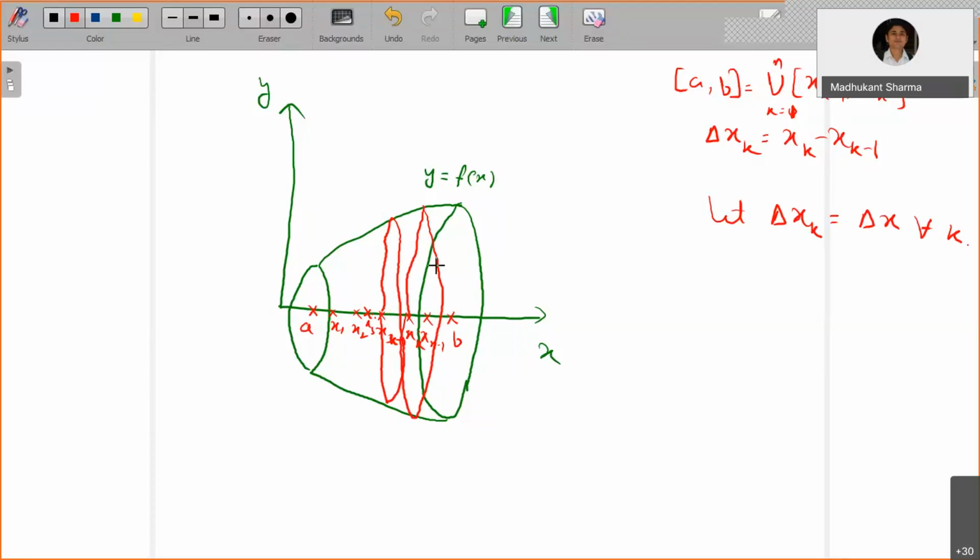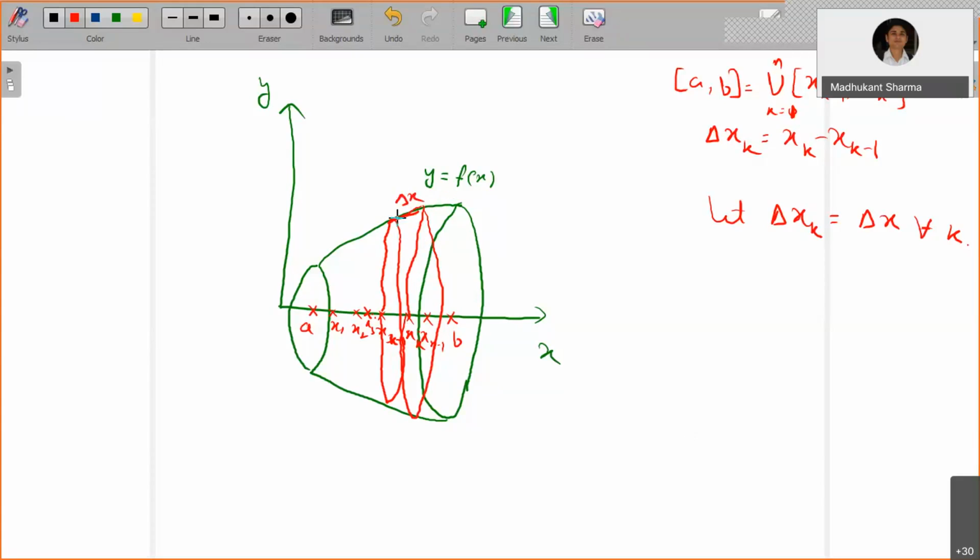This length is the height, y equals f of x, and since this is a very small element, it's going to be a straight line of length delta x.